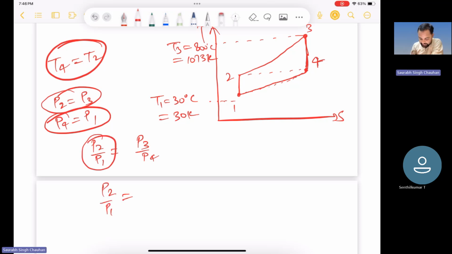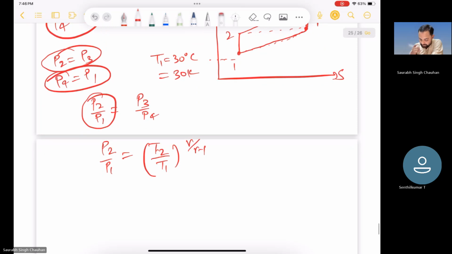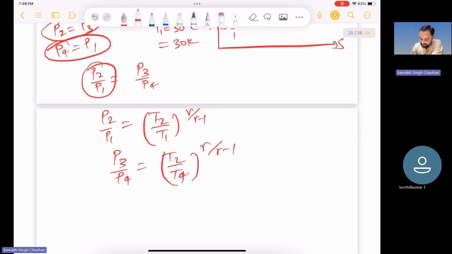P2 by P1, in terms of temperature, will be T2 by T1 to the power gamma by gamma minus 1. Sorry, opposite: gamma by gamma minus 1. And P3 by P4 will be T3 by T4, the same thing, gamma by gamma minus 1. And these two things are equal.